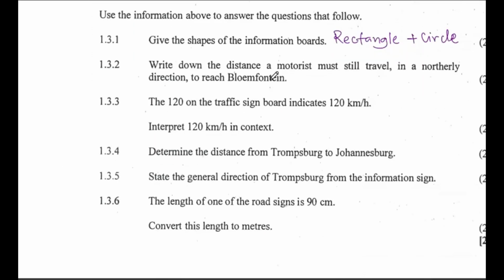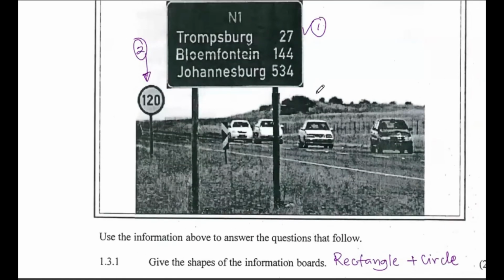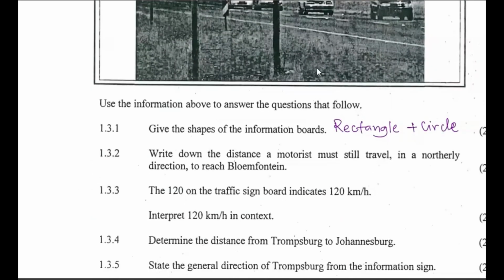Write down the distance a motorist must still travel in the northerly direction to reach Bloemfontein. Yeah, it will be 144 kilometers. We look at the other one, which is 1.3.3.